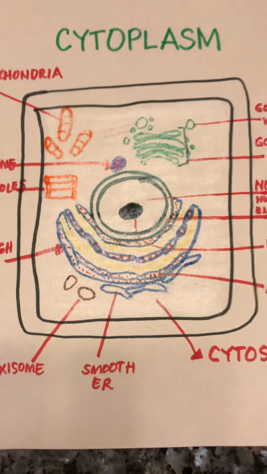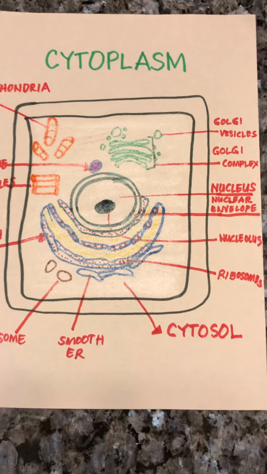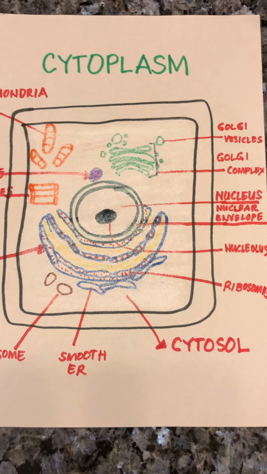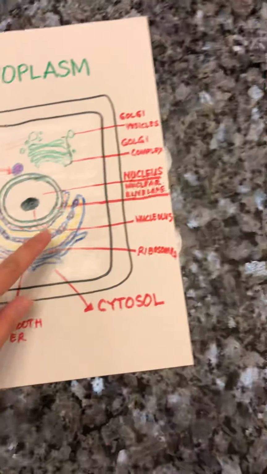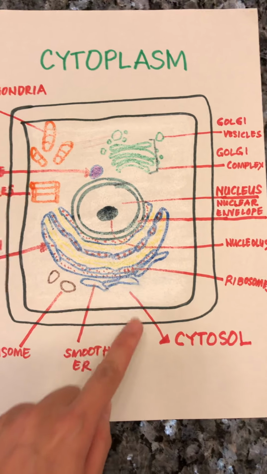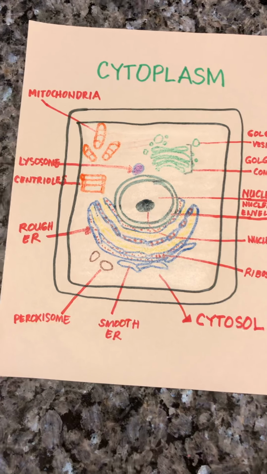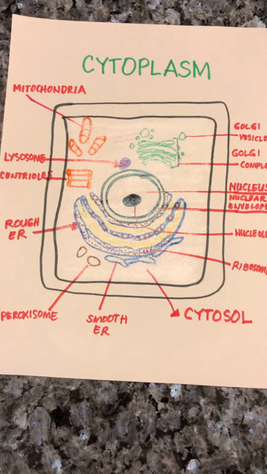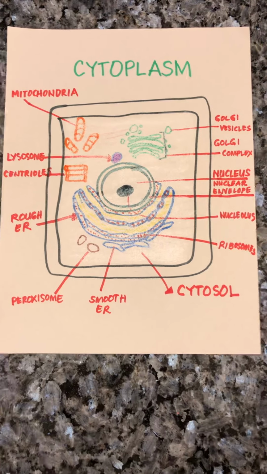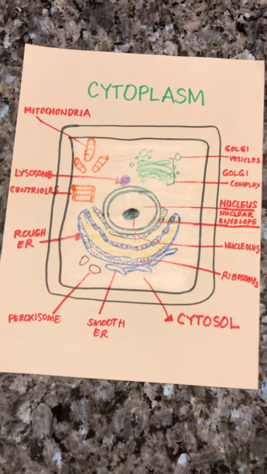The cytosol is the fluid where everything floats in and is referred to as the intracellular fluid. So that's the cytosol. And then you also have the organelles. The organelles are the internal structures of a cell that carry out specialized metabolic tasks.